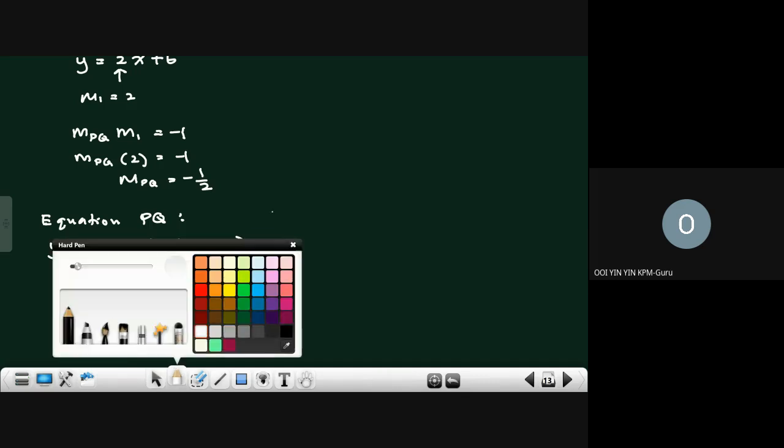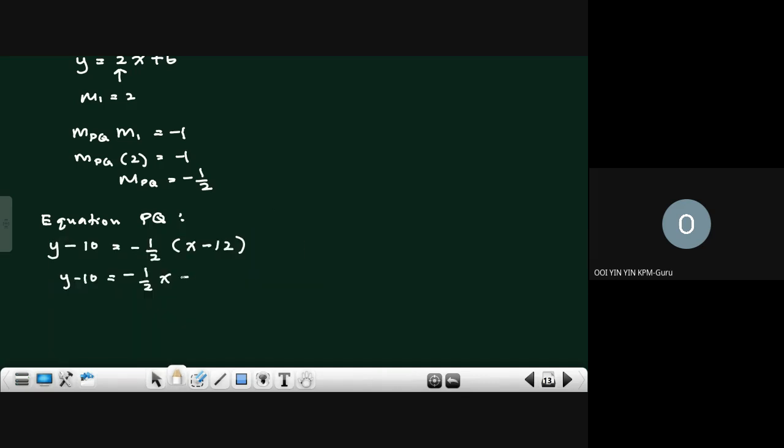And then here we multiply, you get positive 12 divided by 2 is 6. Then now you move your 10, become -1/2x, and then you get 16 here. So from here, this is your equation 1.